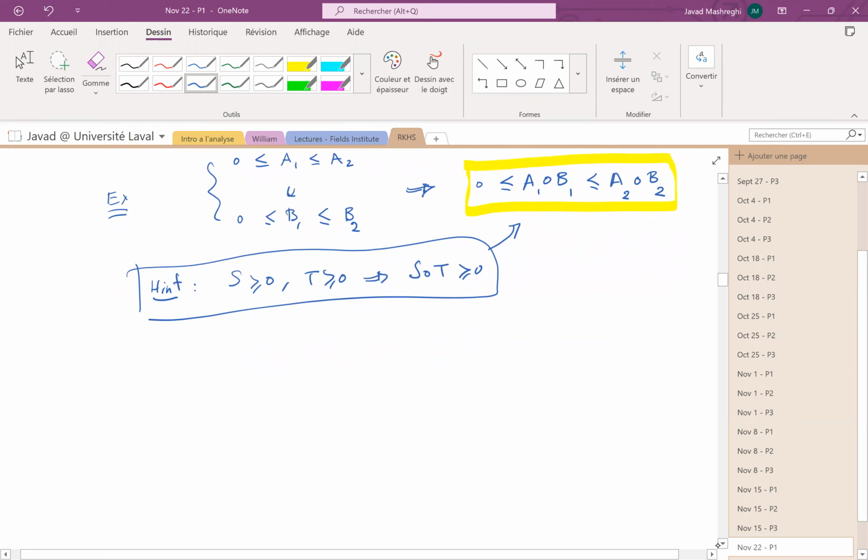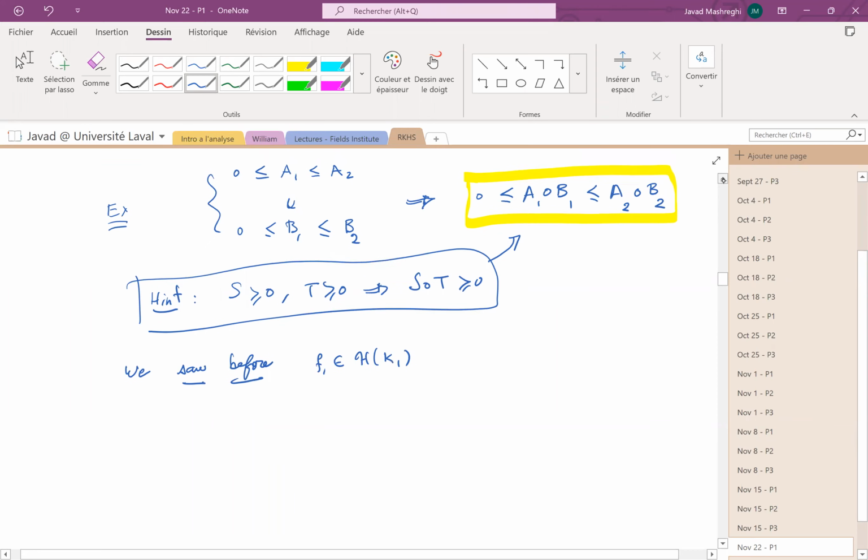So why do we need this? Because we know this is a special case that we studied before. It was one of the propositions that I proved, that F1 is in H of K1. K1 means capital N is equal to 1.